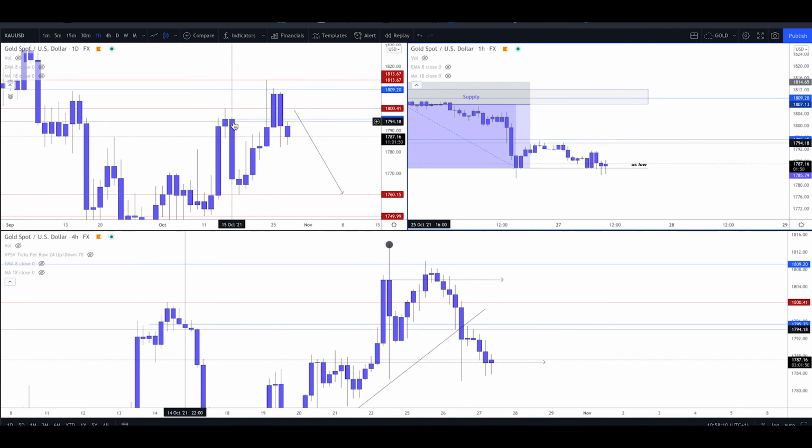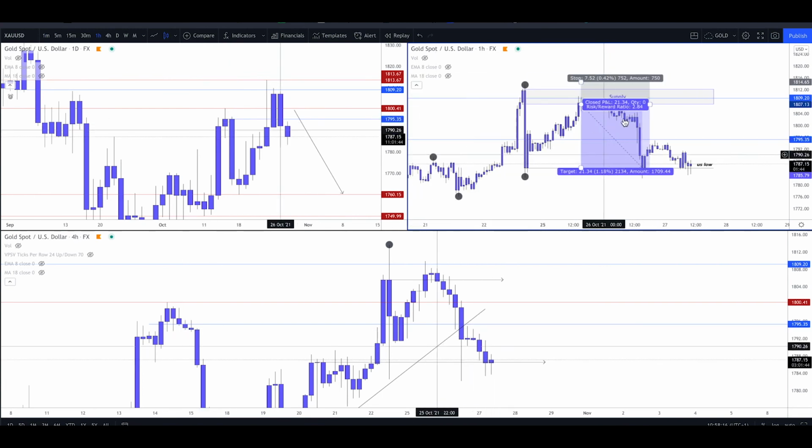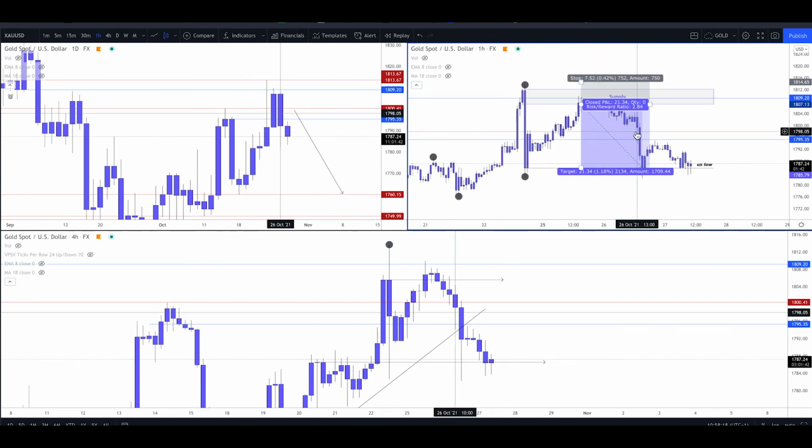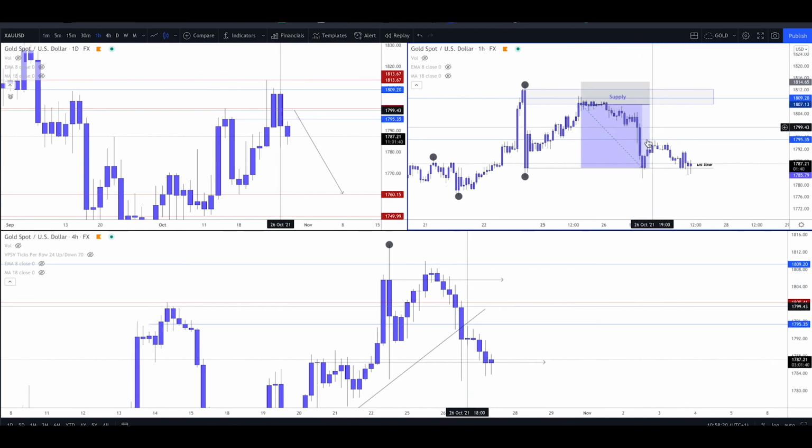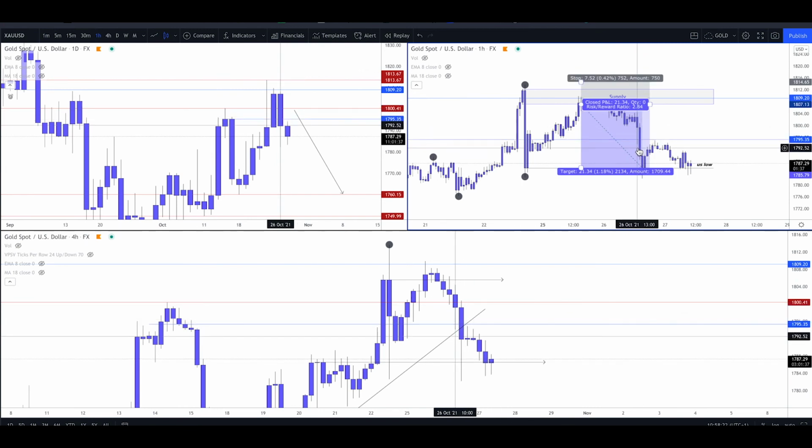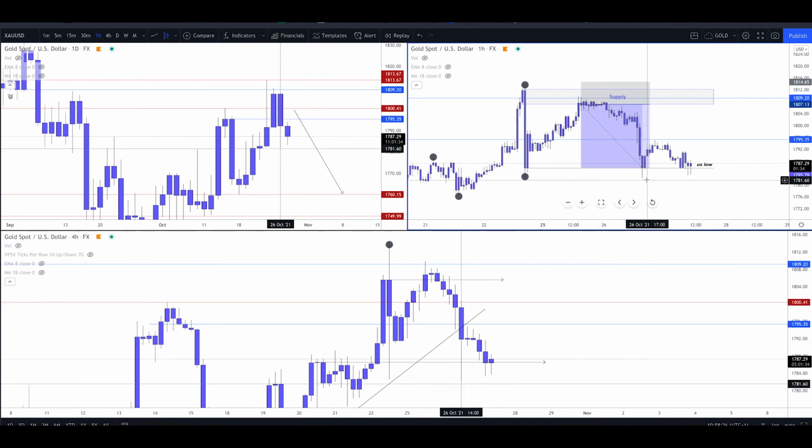I know this was a key area of value where price may be struggling to go lower. So I took 2 positions off when price was here, and I let one run to this low.